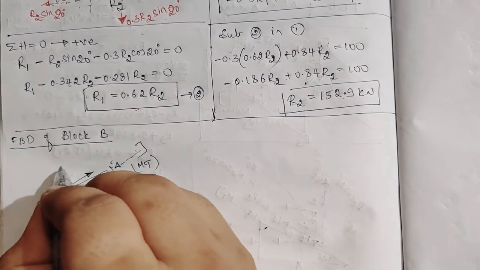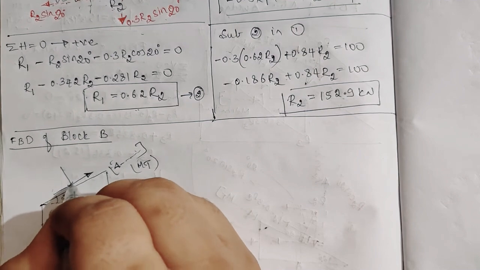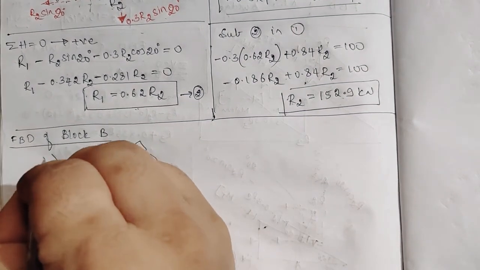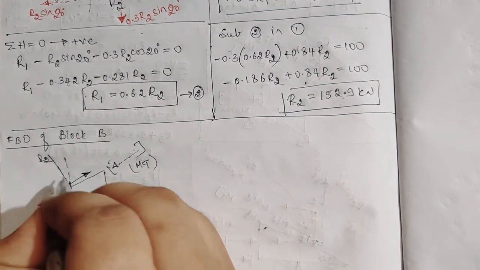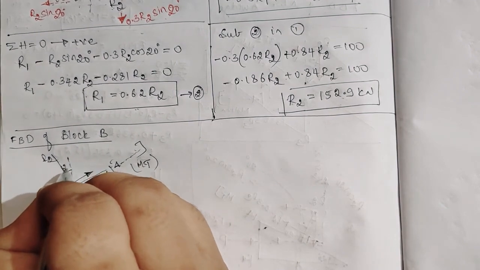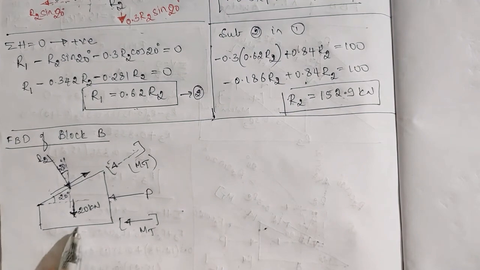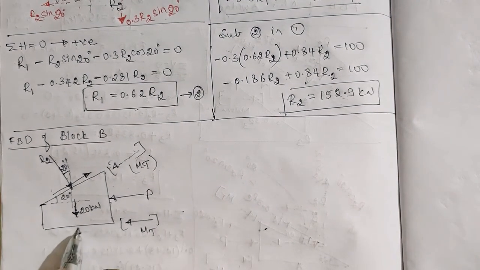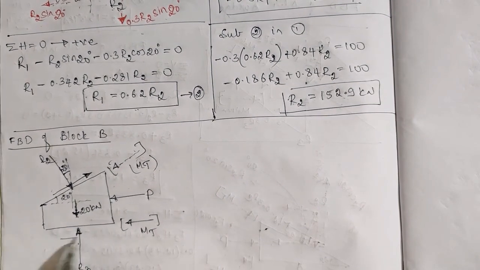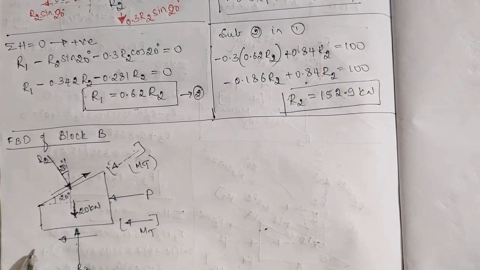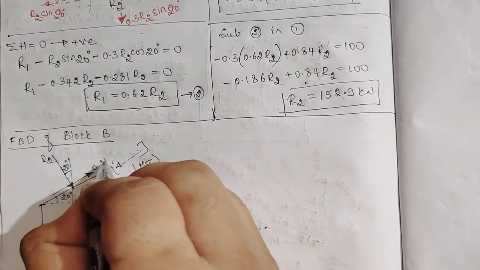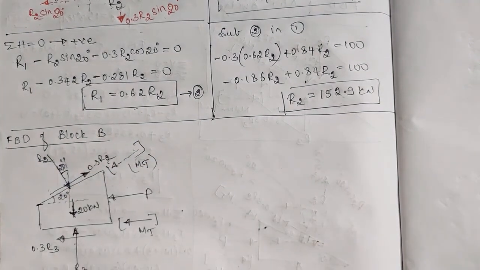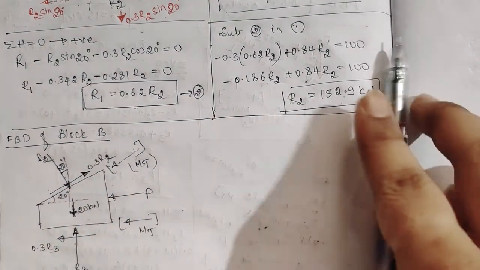Okay, with this, another force, that is R2, when I take vertical, the angle will be 20 degree. Then here also another force R3, opposite to that, 0.3 R3, here 0.3 R2, same.